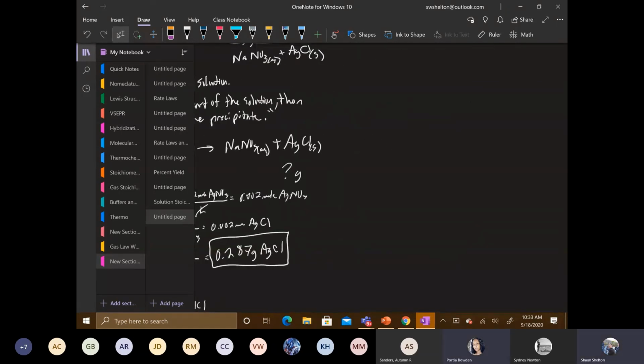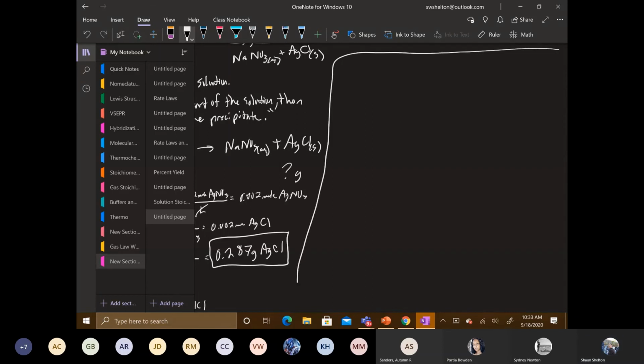So in your textbook, they give you a problem. It's example 4.8. If you have the old textbook, it's page 157. If you have the new textbook, I don't know what page it's on, but the problem has a separate reaction.